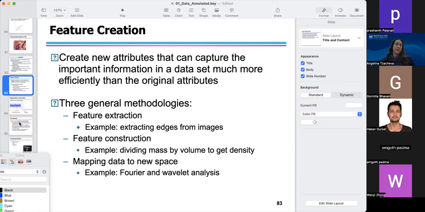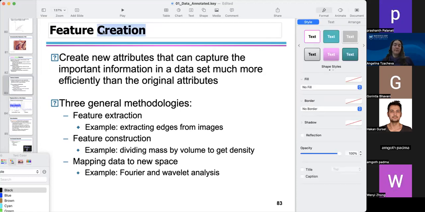it could be that even when we looked at all the attributes, we cannot find the one that is going to help us for our data analysis. In that situation, we could create one attribute.